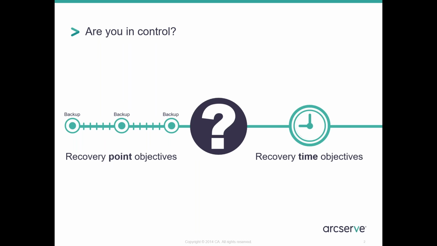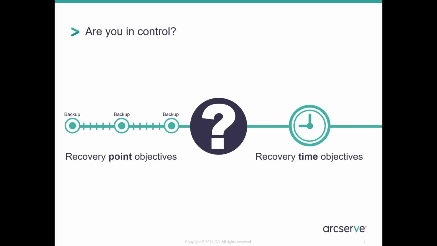But what we're seeing now is that with virtualization and IT becoming so fundamental to the business, gone are the days where, if you lost a critical database, a messaging system or an ERP application, you would conceivably lose up to 24 hours' worth of changed data.